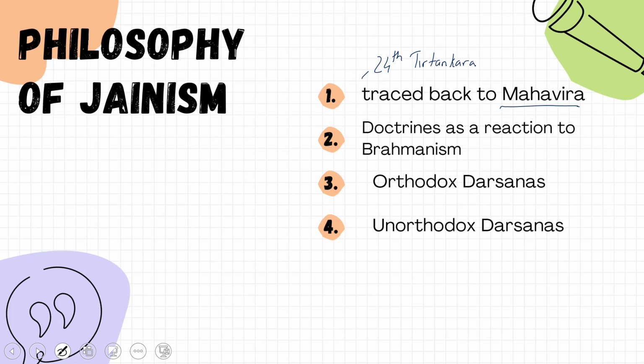So now we see that according to Jainism, its teachings are eternal. And we all know that Mahavira also was a contemporary of the Buddha.